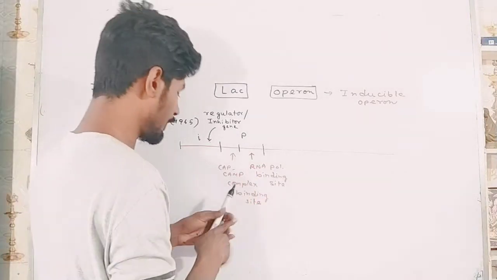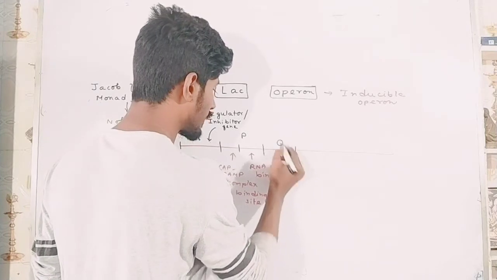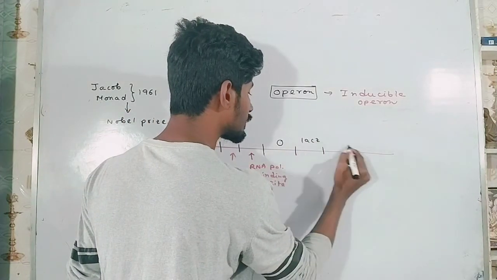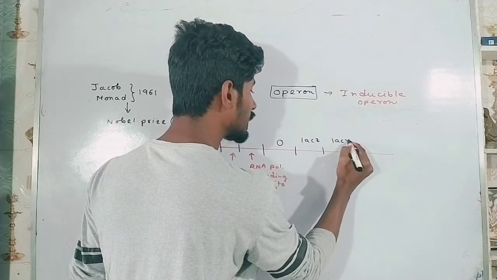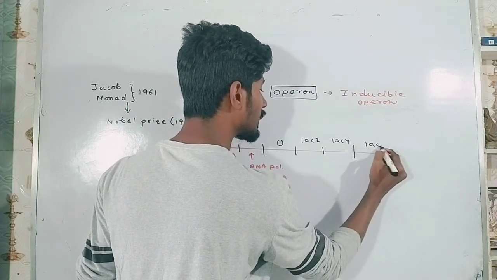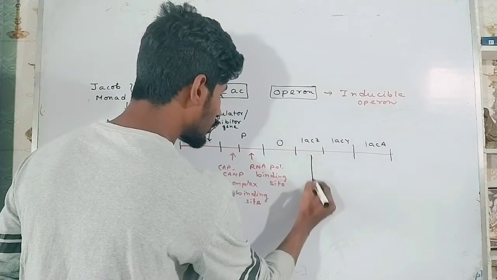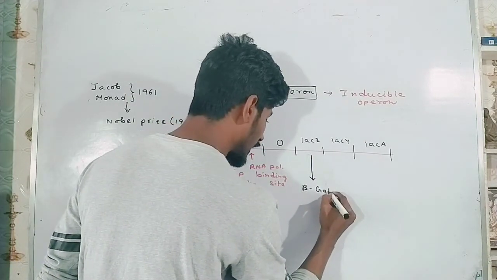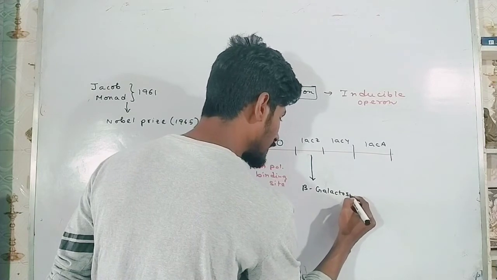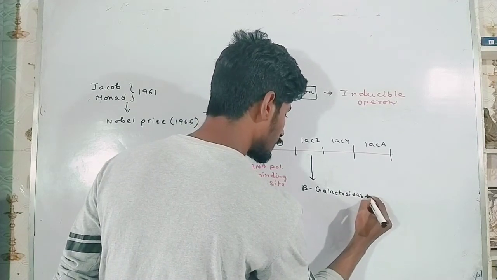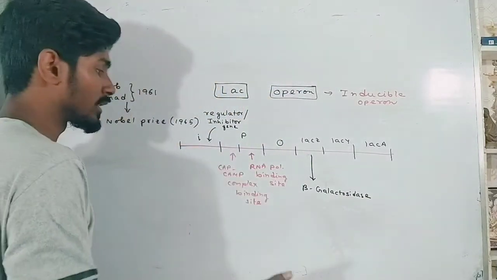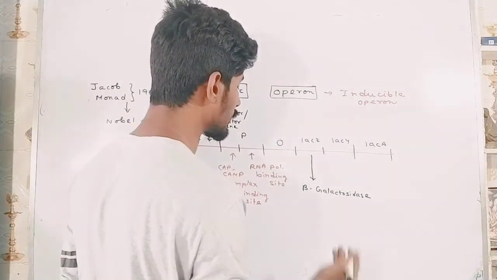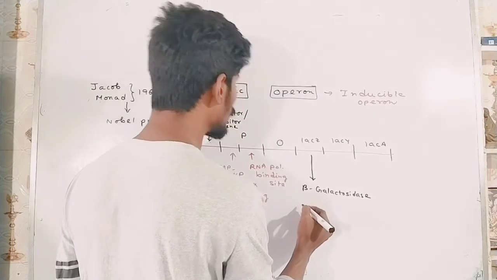Now comes the operator. After that we have the structural genes lac Z, lac Y and lac A. The lac Z produces an enzyme called beta galactosidase. Beta galactosidase breaks lactose into its constituent monomeric units, which are glucose and galactose.